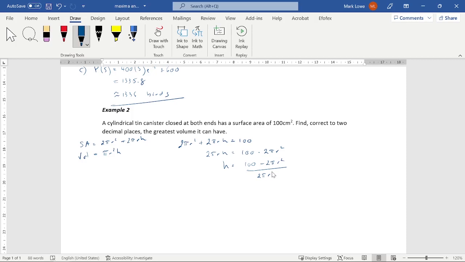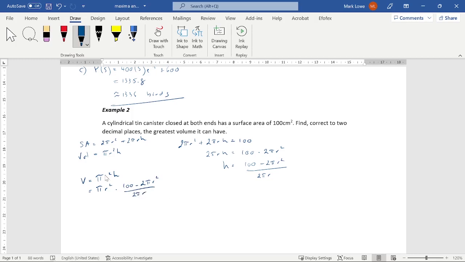What that means now is that we have an expression for the height in terms of r, which can go into our volume equation. So volume being pi r squared h can now be written as pi r squared times 100 minus 2 pi r squared over 2 pi r. That's replacing our height.